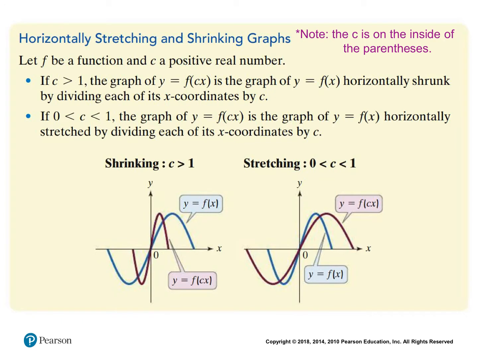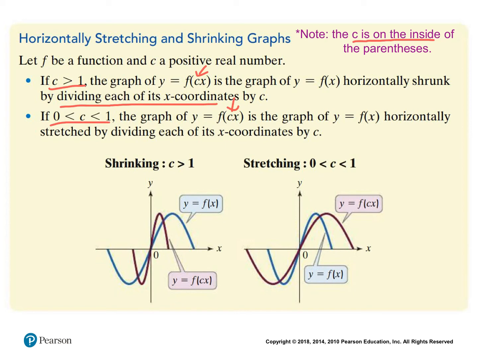Okay, now this time the C is on the inside of the parentheses. So you notice that here. So if C is greater than 1, it's going to be horizontally shrunk by dividing each x coordinate.